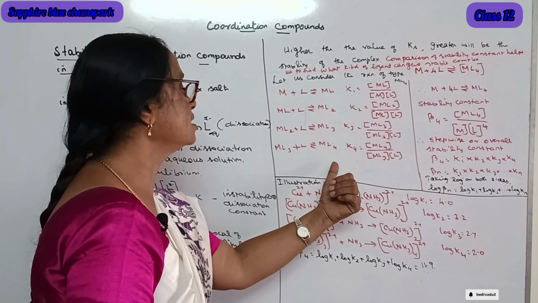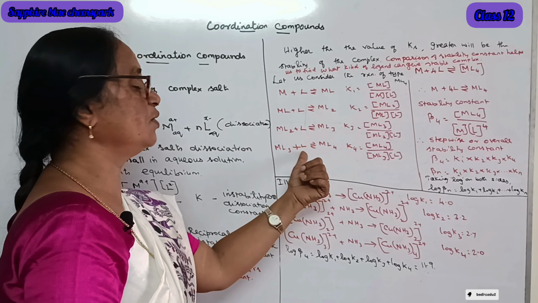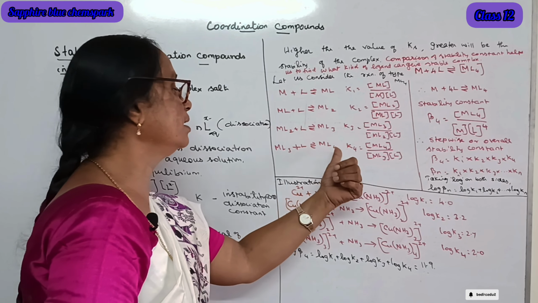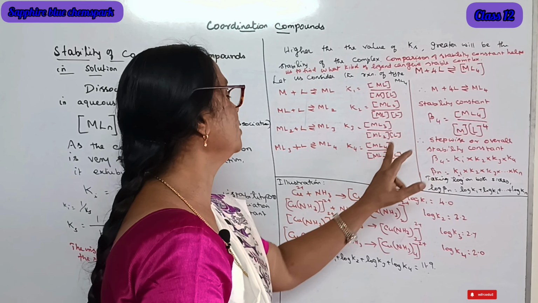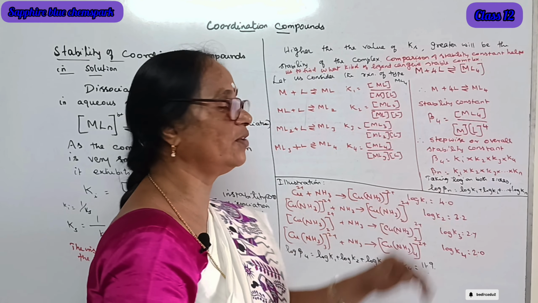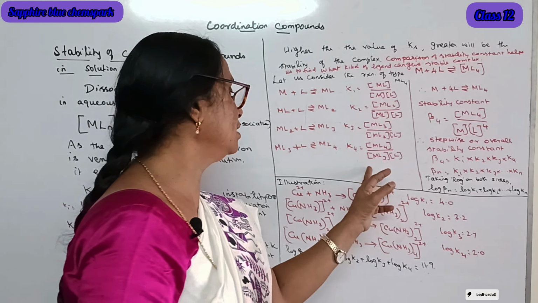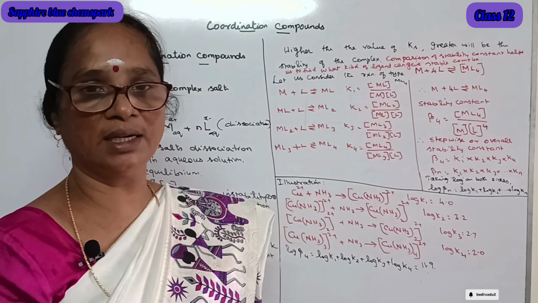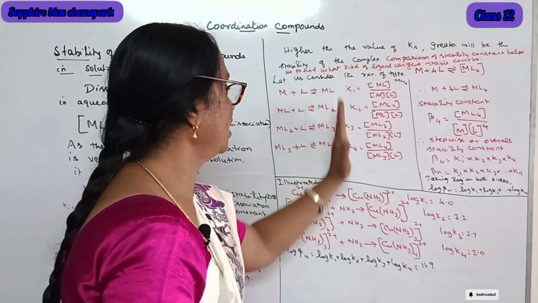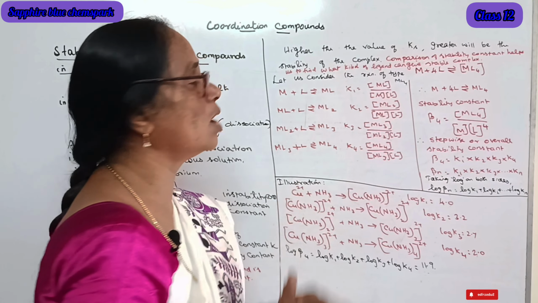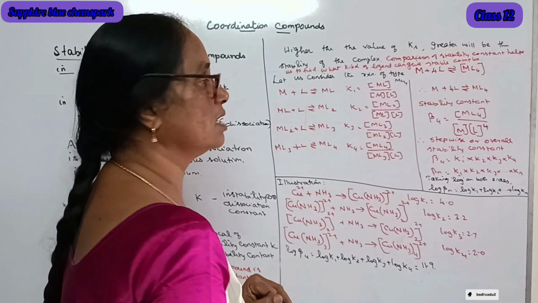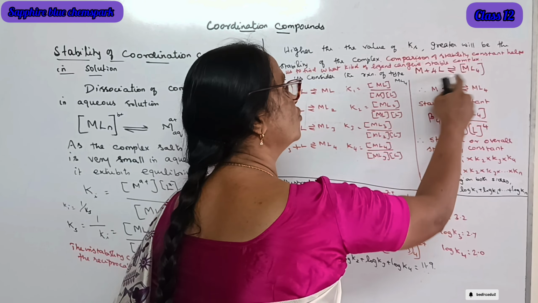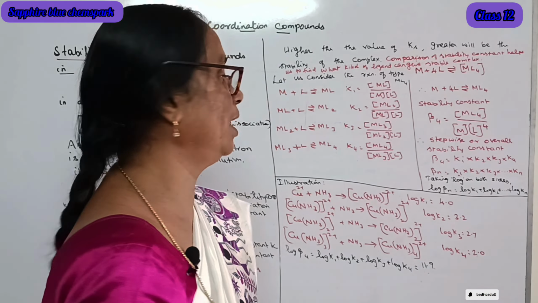In the last step, ML3 reacts with 1 more mole of ligand to form ML4, for which K4 is equal to the concentration of ML4 divided by the concentration of ML3 into the concentration of ligand. So we have taken 4 different constants. Suppose I take the stability constant for the formation of the overall complex, what may I write?